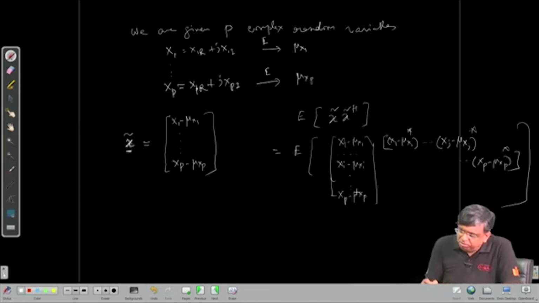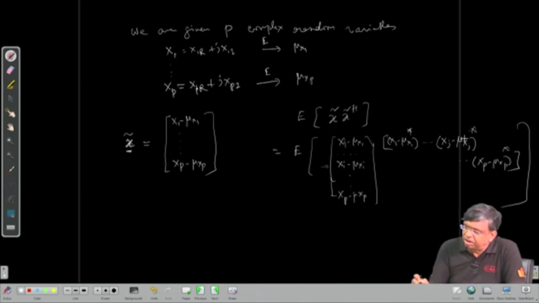So, column vector into row vector will be matrix. In that matrix, i comma jth element will be what? ith guy from here and jth guy from here. They will multiply, expectation. So, this matrix, if I call it C, actually it will be a complex covariance matrix.